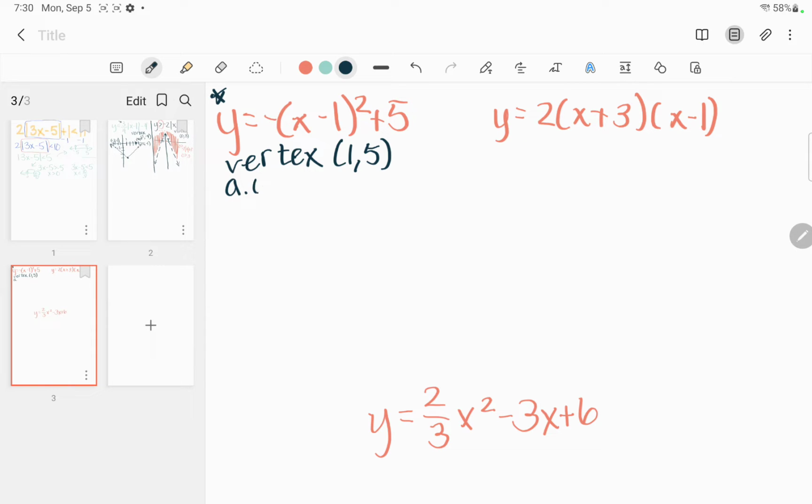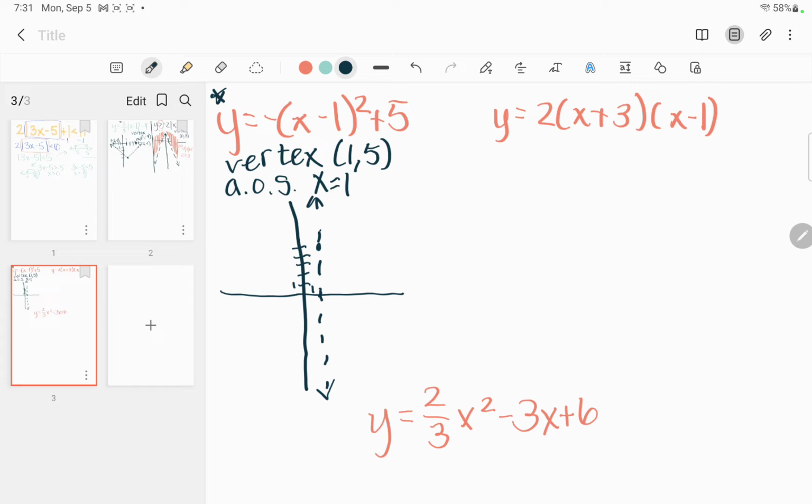The axis of symmetry, I'm just going to abbreviate as AOS. Please be sure that you're writing x equals 1 because this is a vertical line. So I'm going to do my vertex here at 1, 5. And there's my vertex. I'm going to draw my axis of symmetry. That is that mirror line.